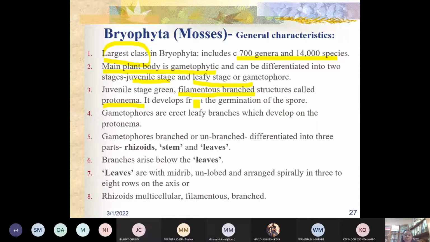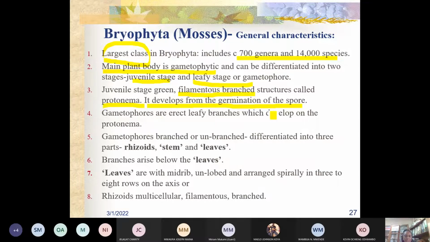So now this group, the juvenile stage develops after germination of the spore. So once a spore has germinated, it gives rise to the juvenile protonema. Then the protonema will then develop into the leafy gametophyte.